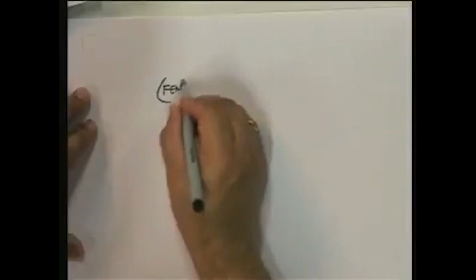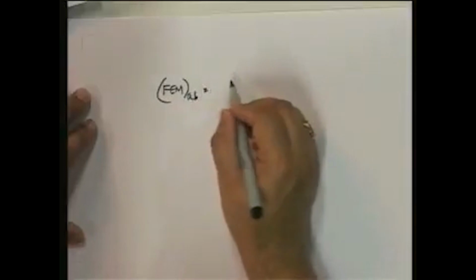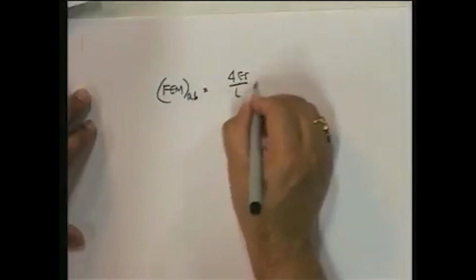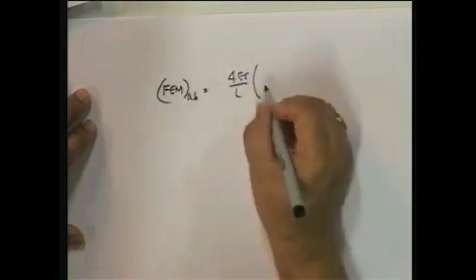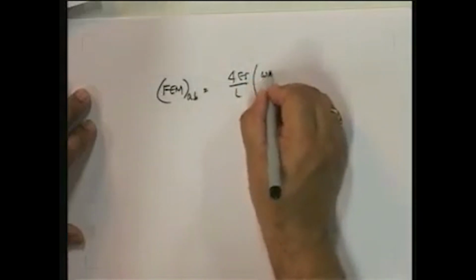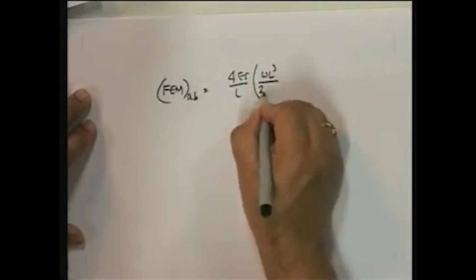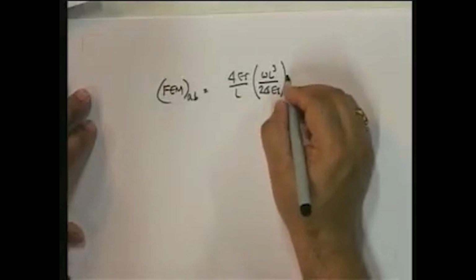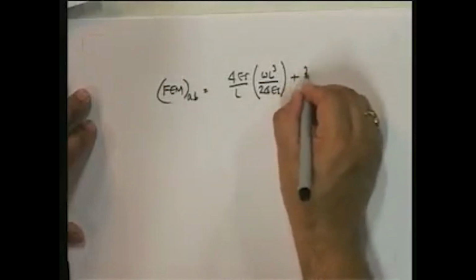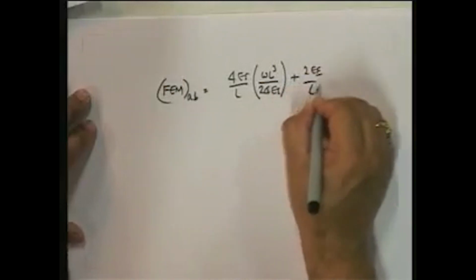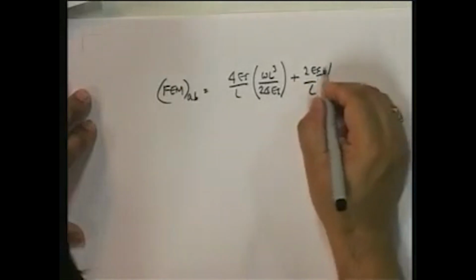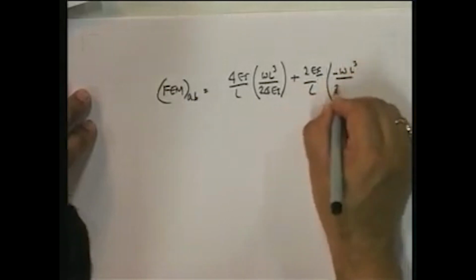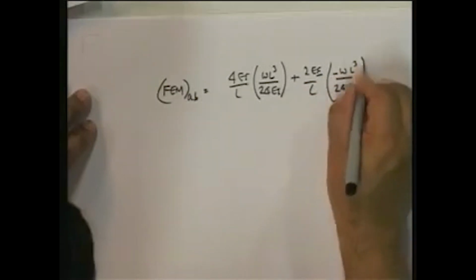Fixed end moment at AB is equal to 4 EI by L into the negative of minus, which becomes WL squared upon 24 EI, plus 2 EI upon L, and theta BA is plus, so the negative of that is minus WL cubed upon 24 EI.